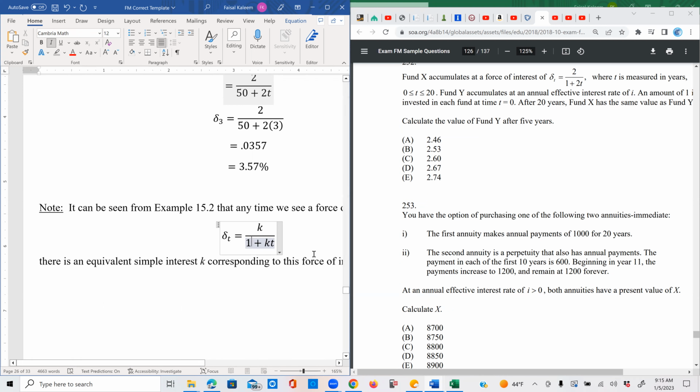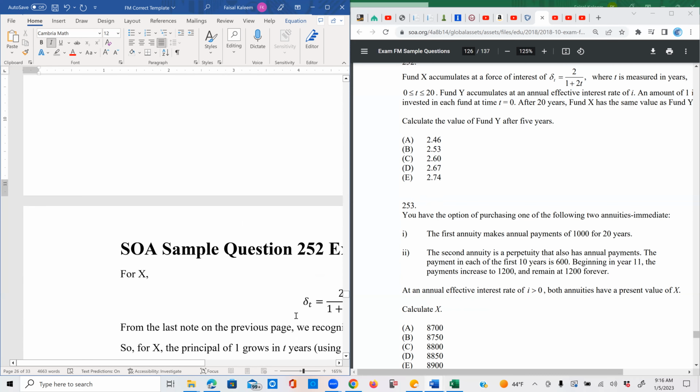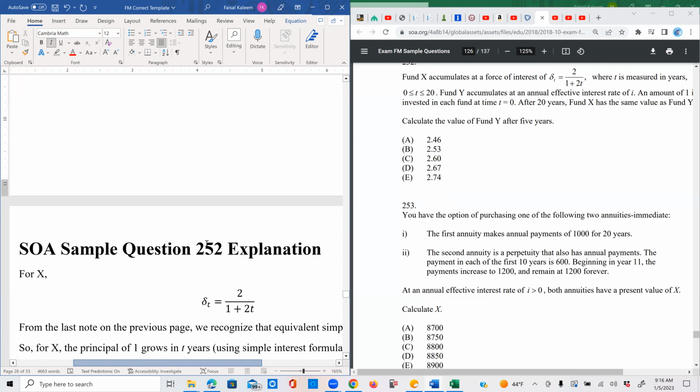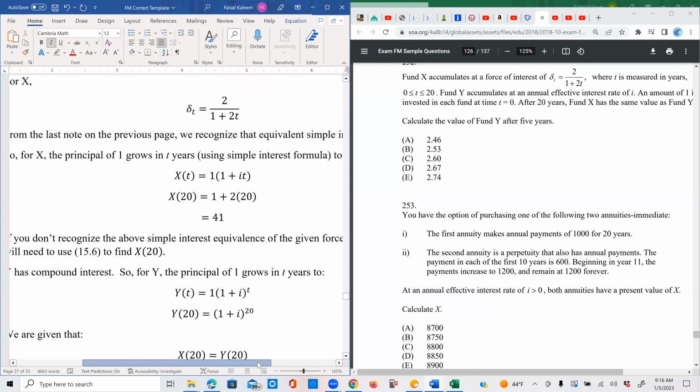So now we see here that in this case, since this is exactly of this form, k over 1 plus kt, we know for sure that the simple interest is 2, because in this case, the simple interest is k. Okay, and so for x, we recognize that we can use the simple interest formula.